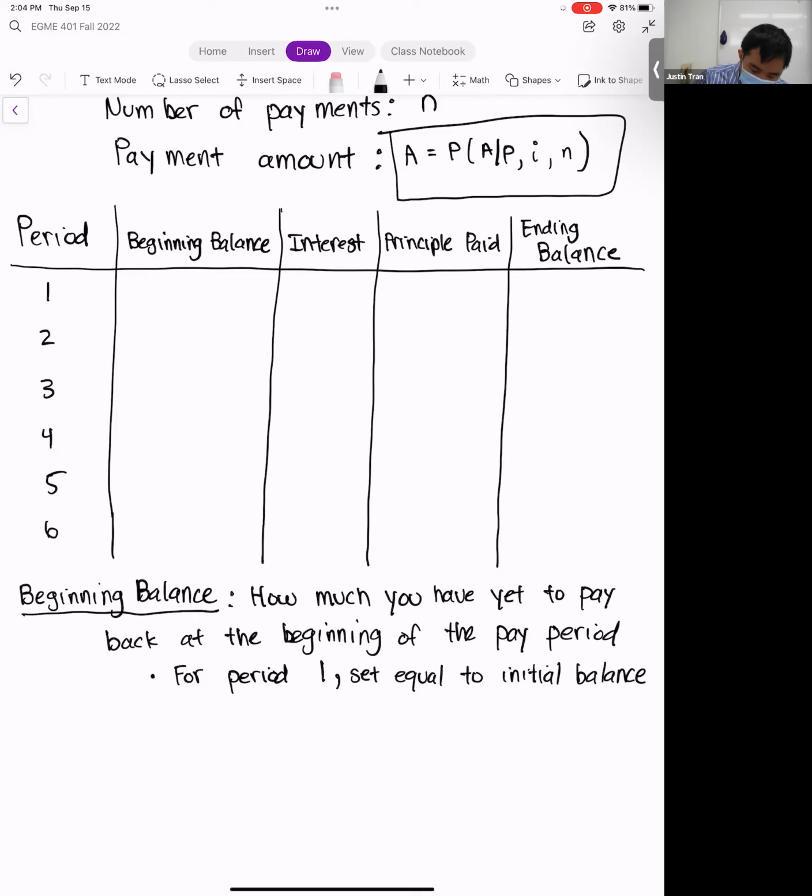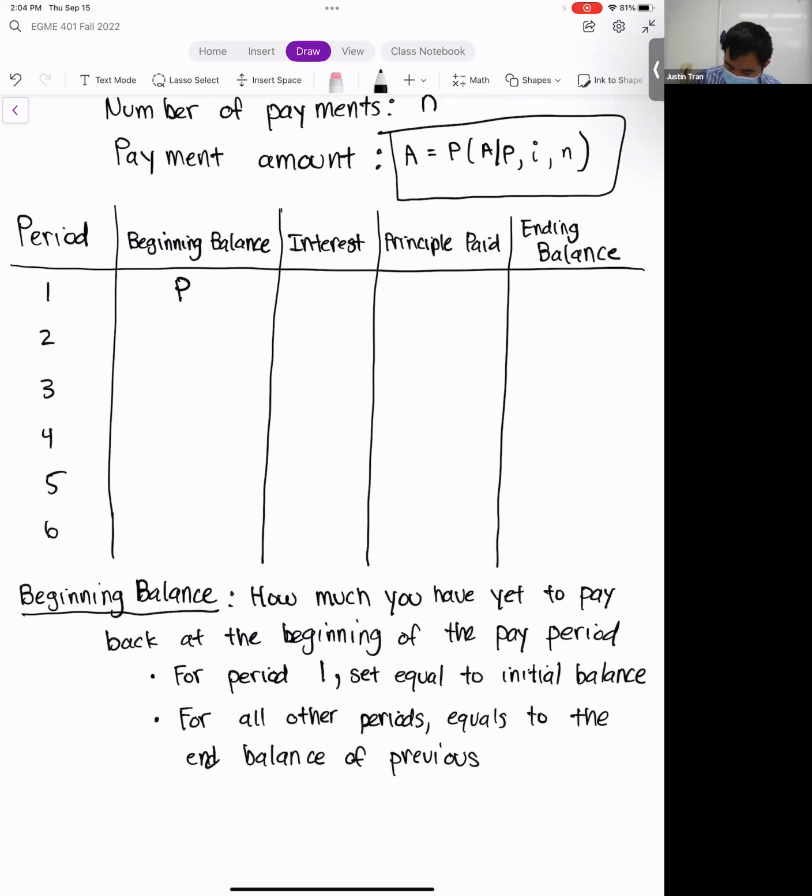So in the first row here, you're always going to have a P. And for all other periods, you're going to set the beginning balance equal to the ending balance of the previous period.